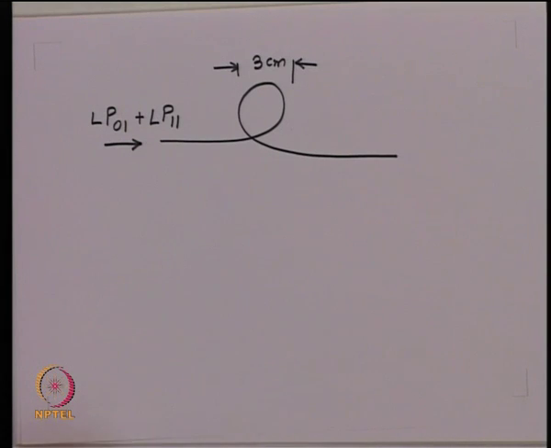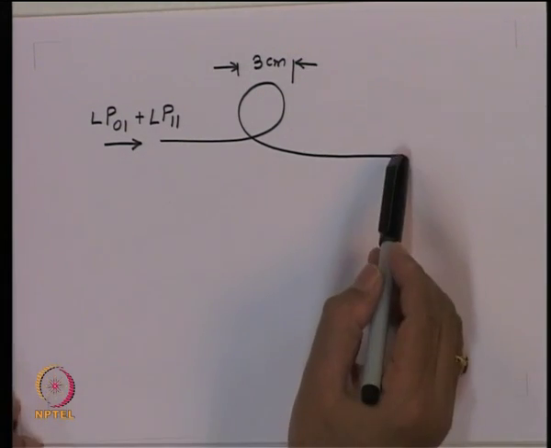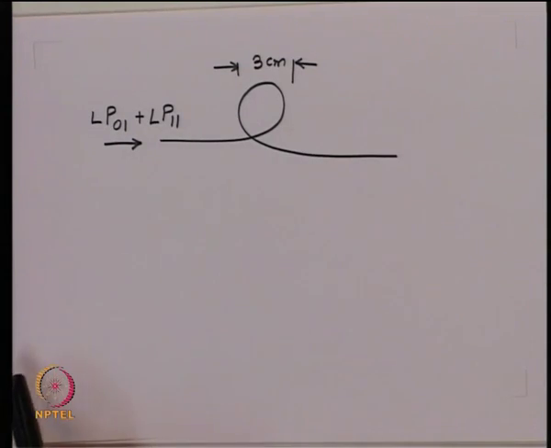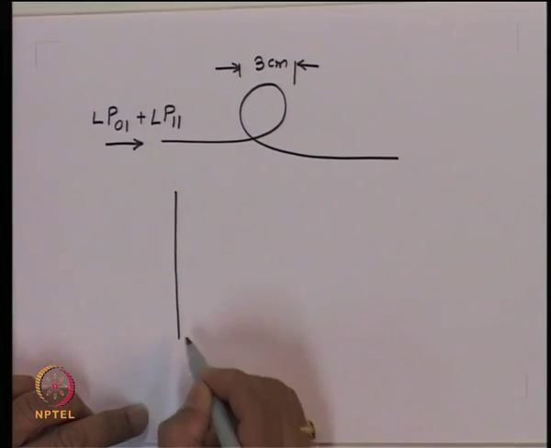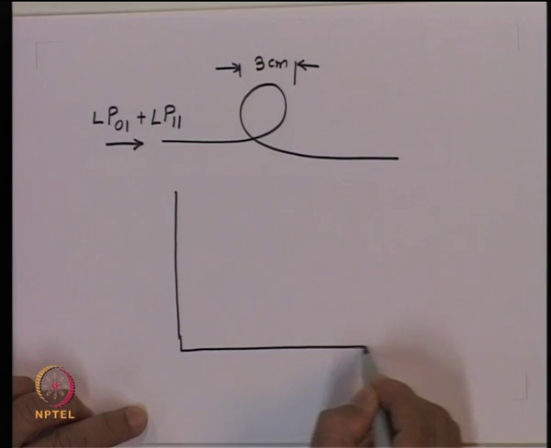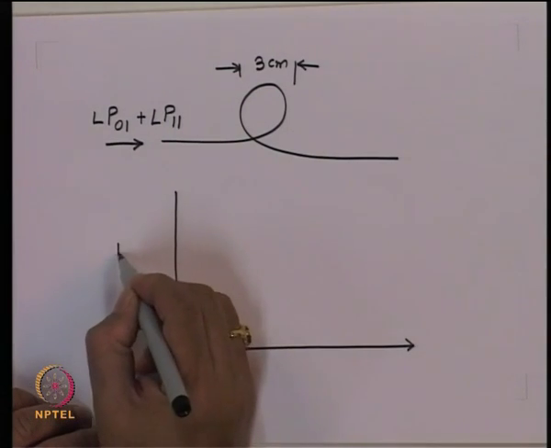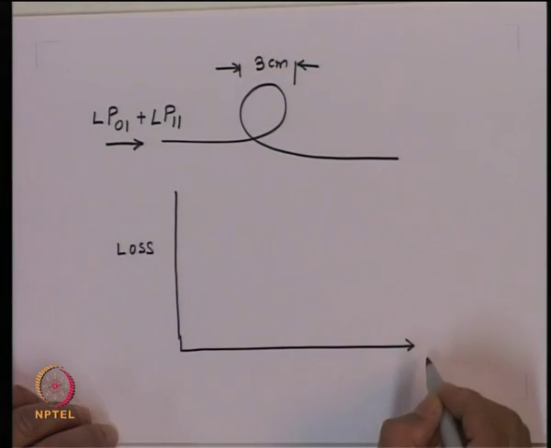Now, what we do is we measure the output power here as a function of the wavelength and measure the loss, essentially a decrease in power, as a function of wavelength. So, let us say I measure the loss as a function of wavelength lambda.